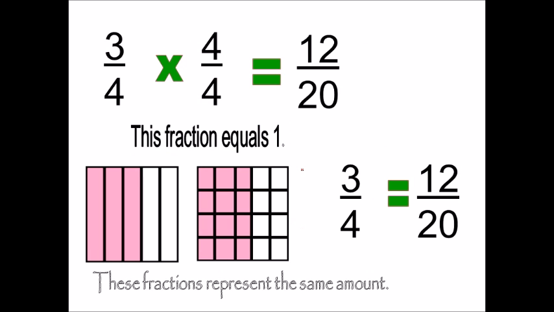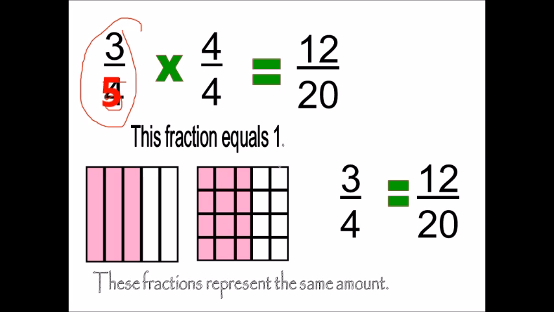So how can we show that two fractions are equivalent? 3/5 times 4/4 is equal to 12 over 20. To represent 3/5, we have here a rectangle which is cut into 5 equal parts, and 3 parts are shaded.